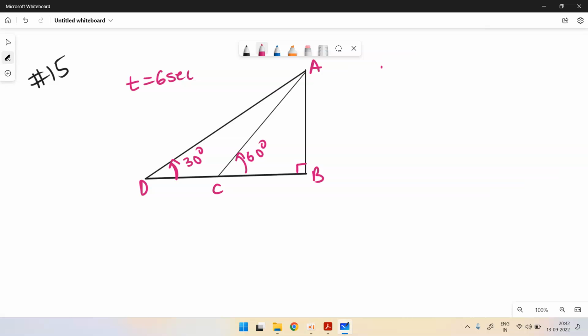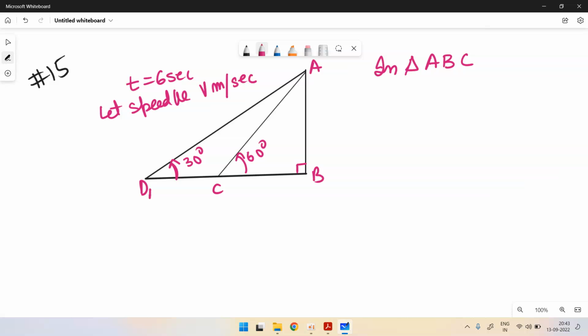So let the speed be v meters per second. In triangle ABC, the time taken to travel from D to C is 6 seconds.